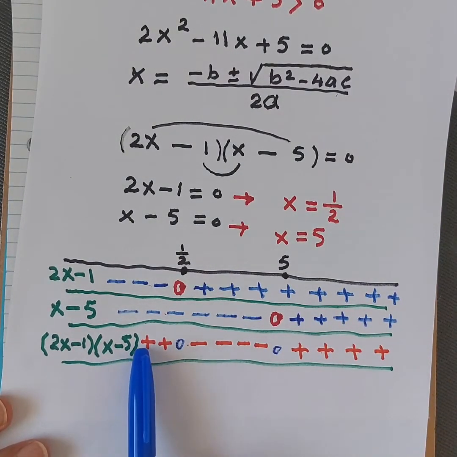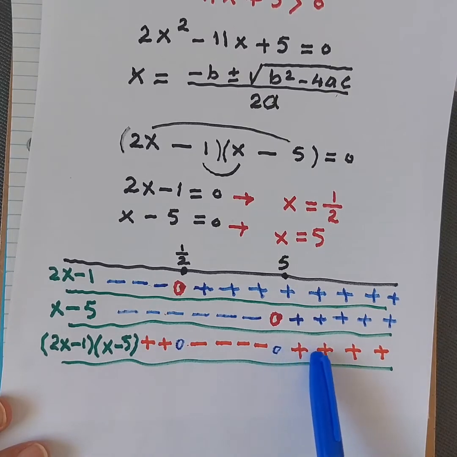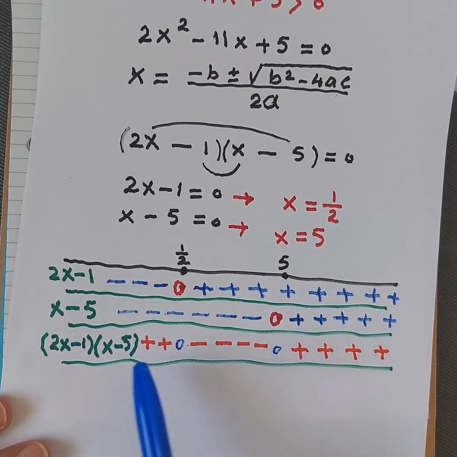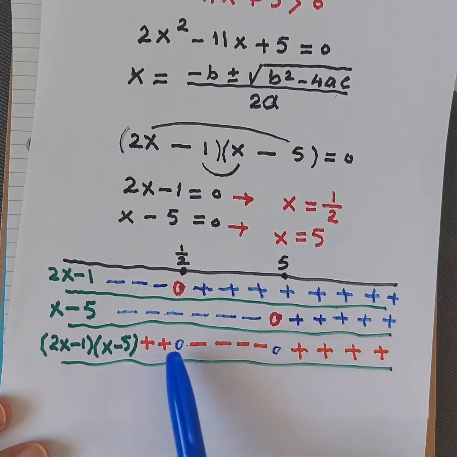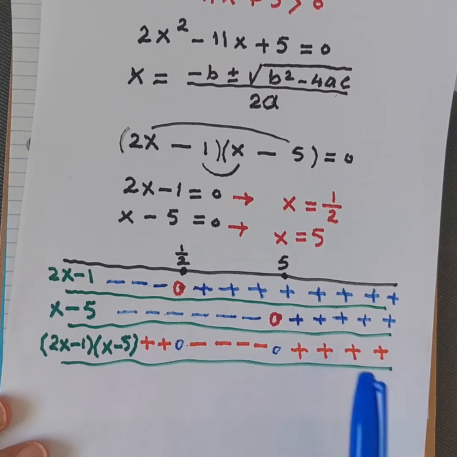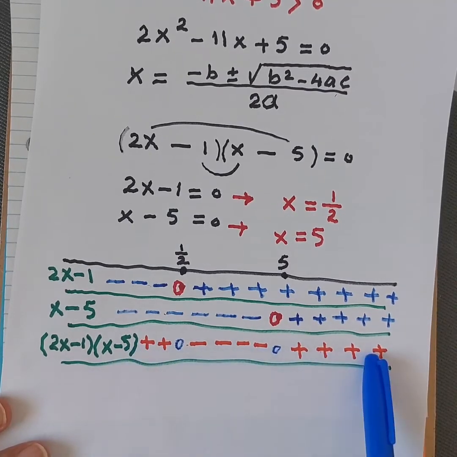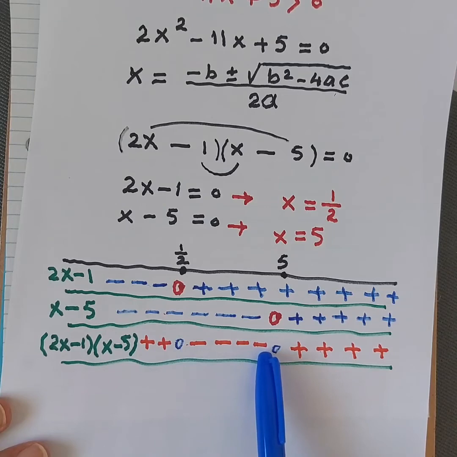This interval, positive sign. This interval, positive sign. So the solution is the two intervals, which means all the real numbers except this part, which is represented by negative. So it is not in the solution.